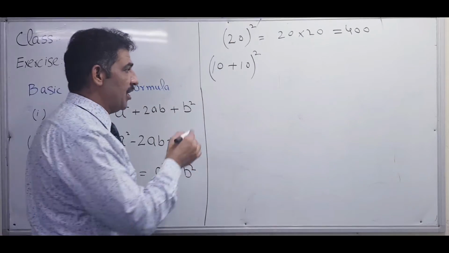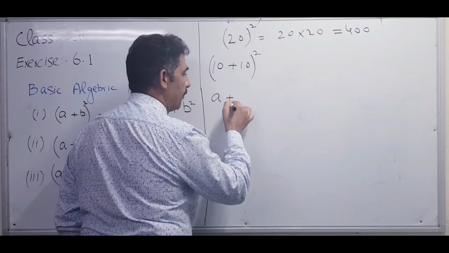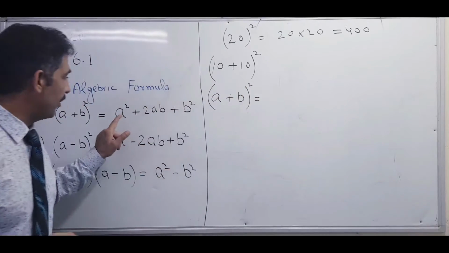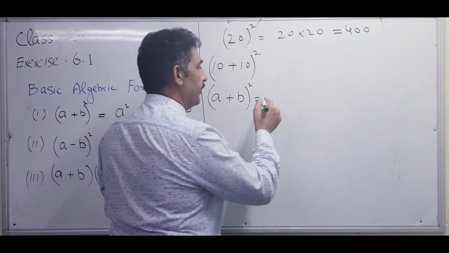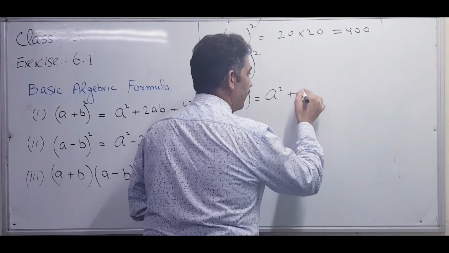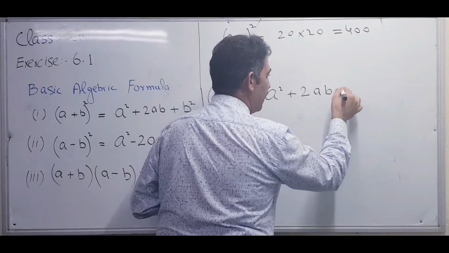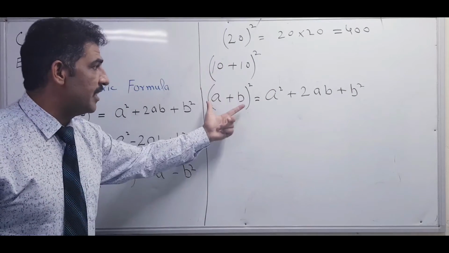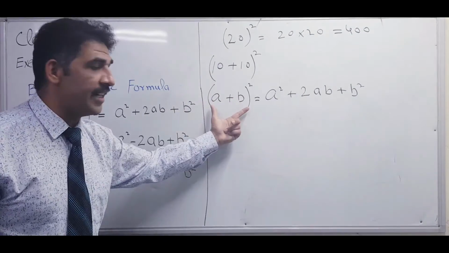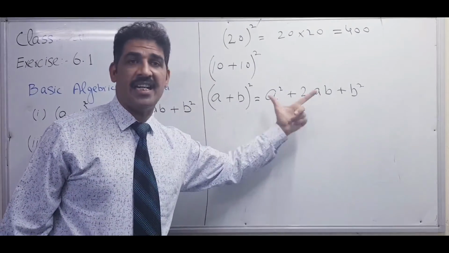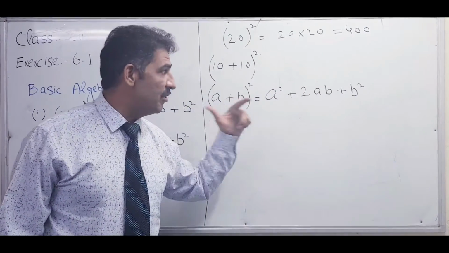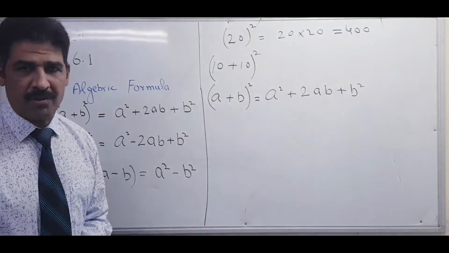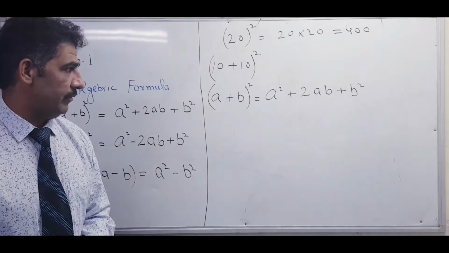I am writing the formula first: (a plus b) whole square is a square plus 2ab plus b square. The question is written on the left hand side of the formula, and we write the right hand side, and if we get the same result 400, then we are right. If the result is not 400, there is some mistake.